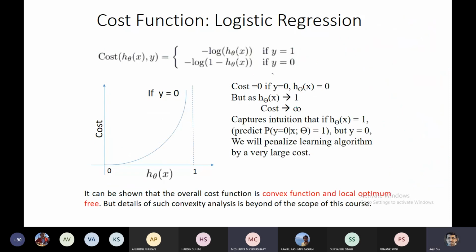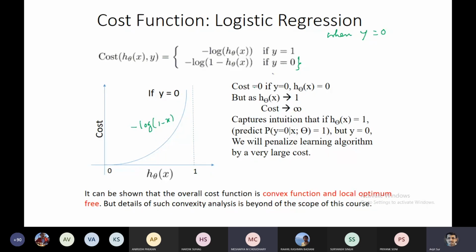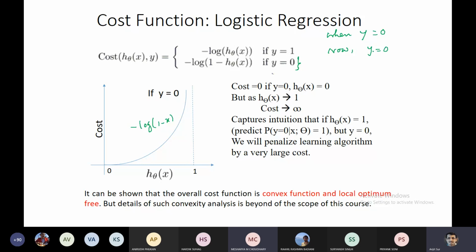Now come to this part, when y is equal to 0. So this curve is for what? This is minus log of 1 minus h theta x. Now the situation is reverse. Now y is equal to 0, it's a non-apple.